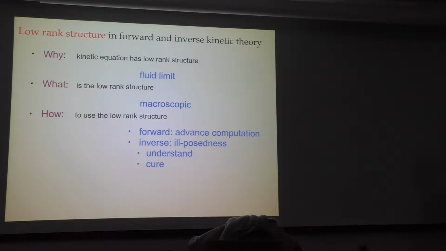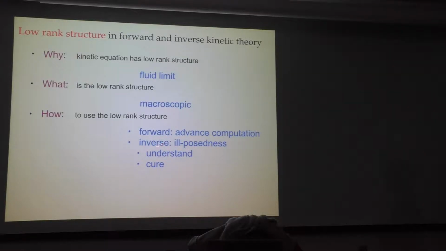If you know that your system can be compressed, can be uniquely represented by several features and throw away all the rest of the perturbation, then in the forward setting to advance the computation, you can simply say, let's just ignore all these details and only capture those features. So building this low rank structure into your forward computation can advance our computation.